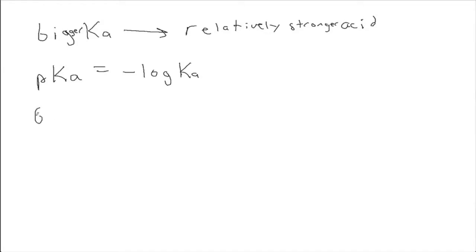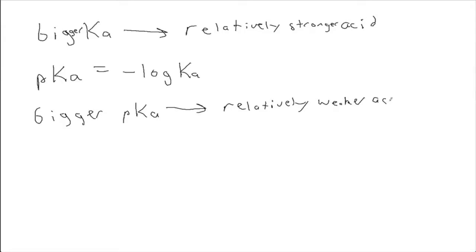So if one acid has a bigger pKa than another, does that mean it's a relatively stronger acid or a relatively weaker acid? A relatively weaker acid. How did you figure that out?